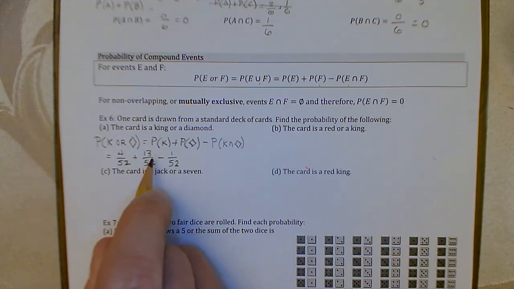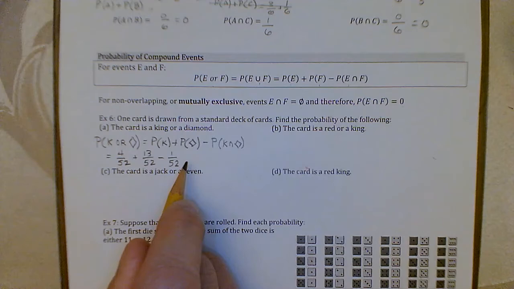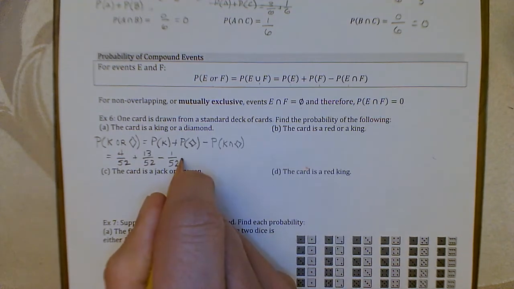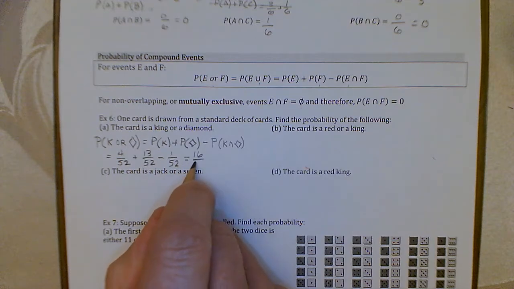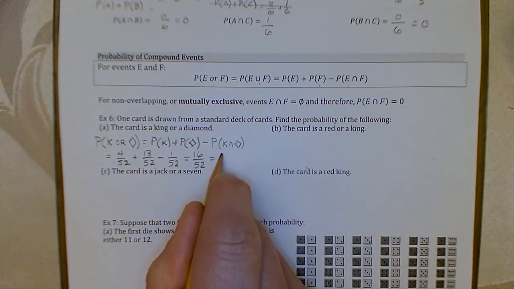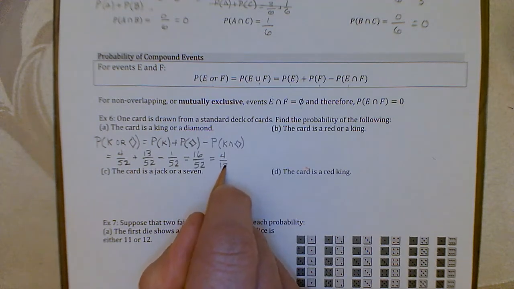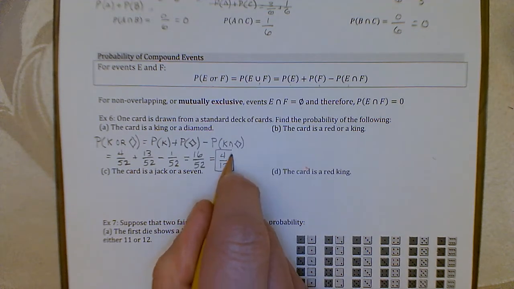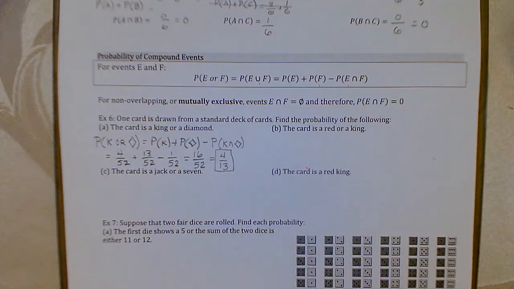Notice I don't reduce these fractions because I need common denominators in order to add or subtract those. So we end up with 16 out of 52 is the probability. And of course, we want to reduce that. 4/13 is the probability of getting a king or a diamond.